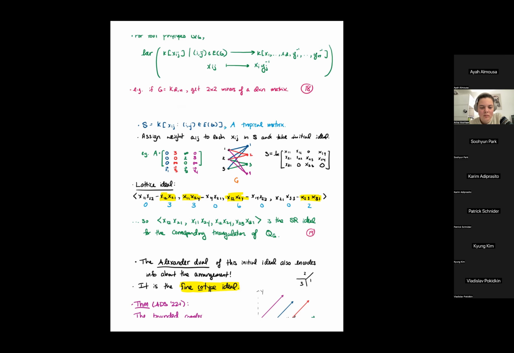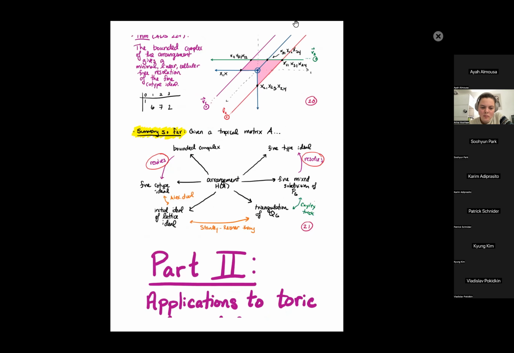Okay. And so the Alexander dual of this initial ideal is actually going to encode information about the arrangement. And that's going to correspond to the fine cotype ideal. And so I have to point at this picture.